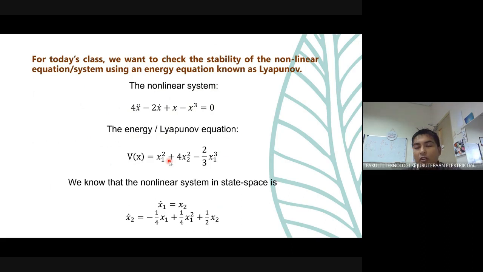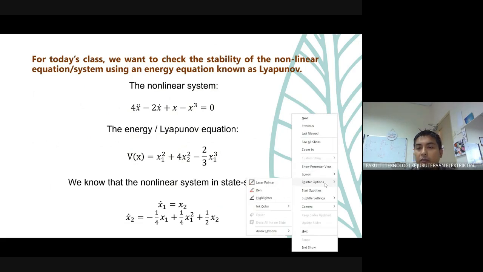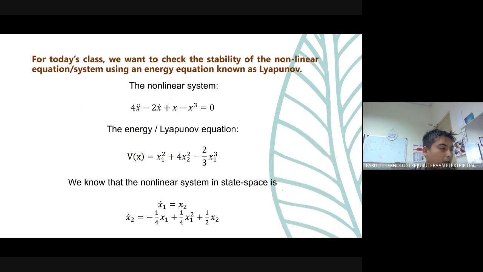For your information, the energy equation can be any function. Some energy equations look like this, some like that, so there are many types. Let me give you an example of another energy equation: V(x) equals x1 squared plus 1 over something like this.